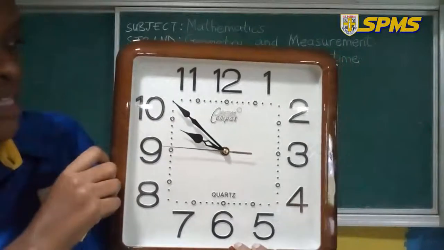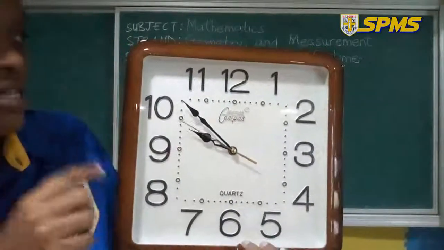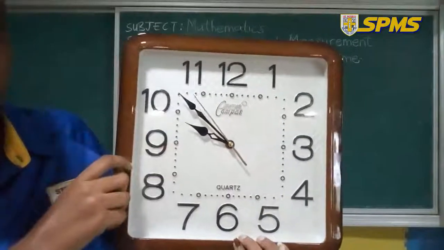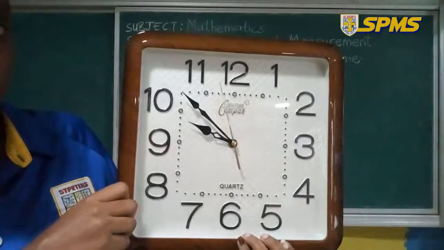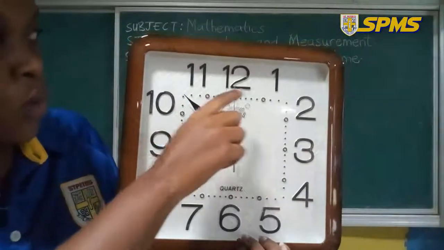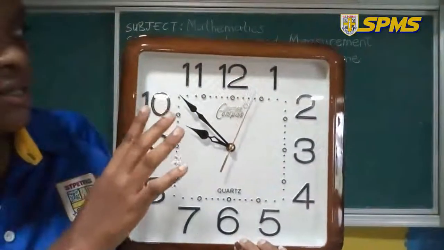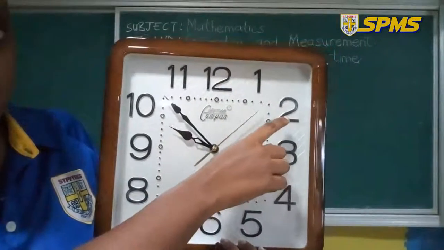But we said that each interval, when it comes to the minute, between the numbers are 5 each. So from 12 to 1 we have 5 minutes. 1 to 2, 5 minutes, making 10.